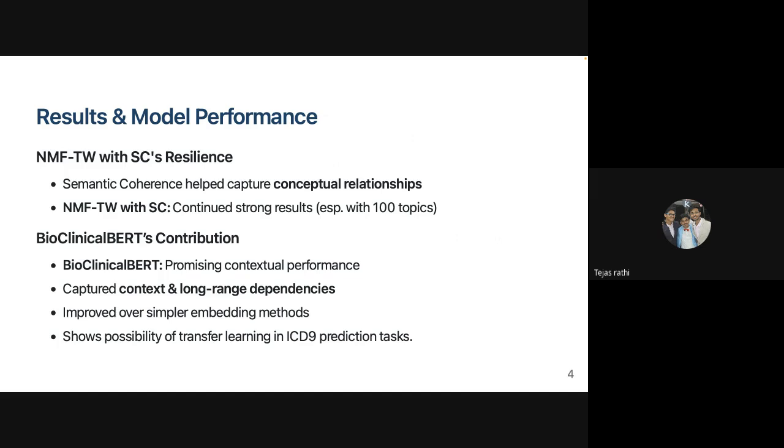So the static embeddings have captured the rich information in the unstructured clinical notes, which might be specific to the patient. As seen, the NMFTW model is performing slightly better, or we can say it's comparable to the performance we have presented in our paper using the bioclinical BERT.